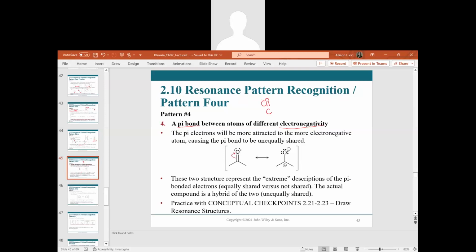So that's what we see here. Our carbon results in a carbocation, a +1 formal charge, and those electrons from the double bond in our carbonyl move up to become a lone pair on our oxygen. So our oxygen ends up with a -1 formal charge.